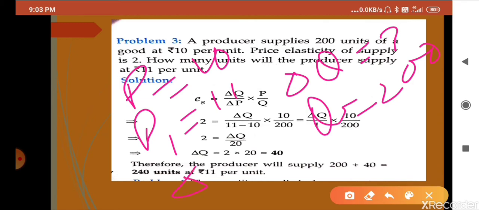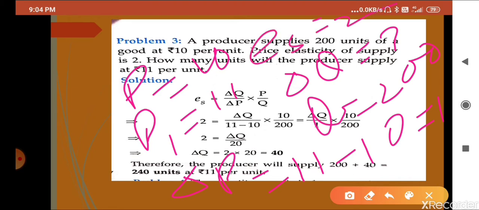Delta P we identify: 11 minus 10 is equal to 1, and delta Q we have to identify. So the formula will apply, delta Q upon delta P into P upon Q. So 11 minus 10, 10 upon 200, then it will be 2, because ES is given here already as 2. So delta Q upon 20 is equal to 2. So delta Q will be 2 into 20, 40 units.